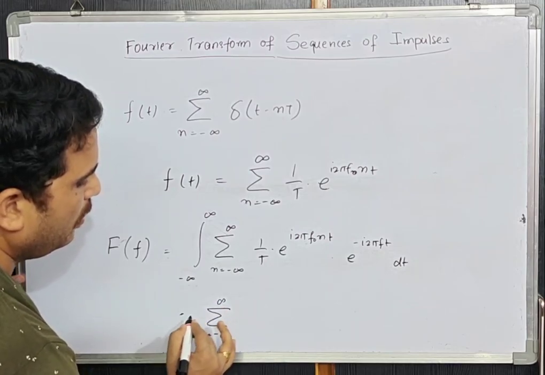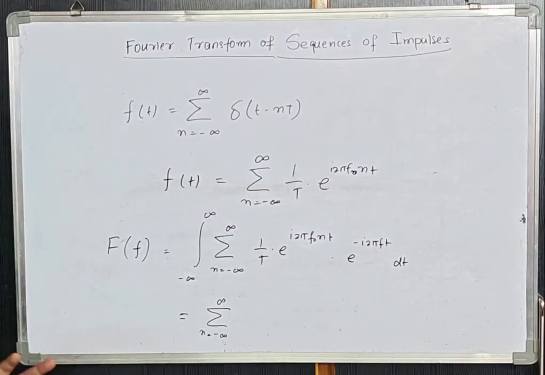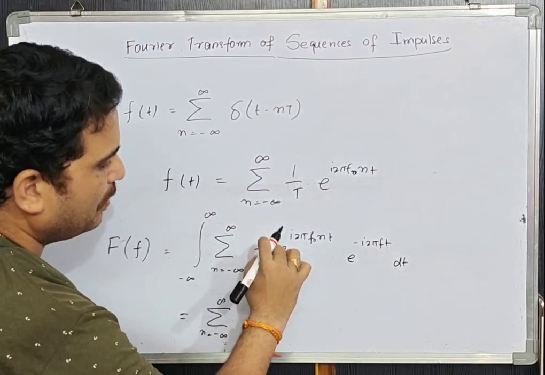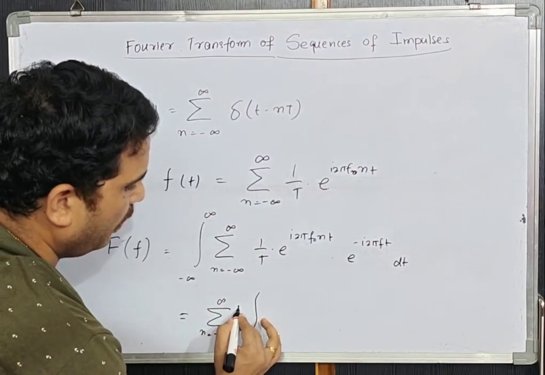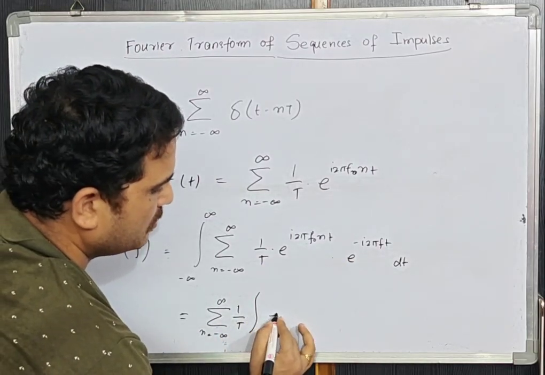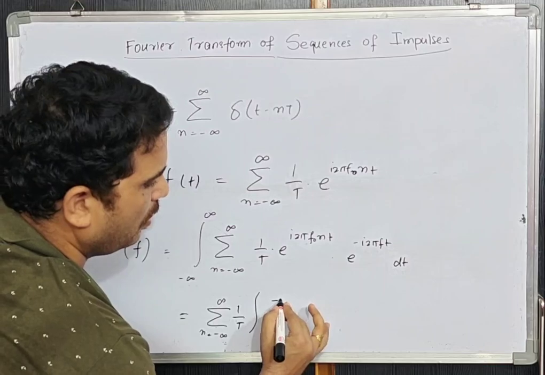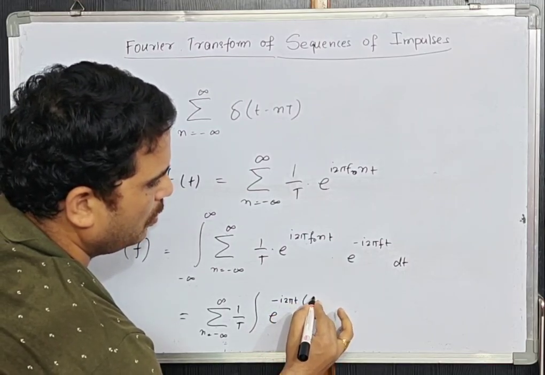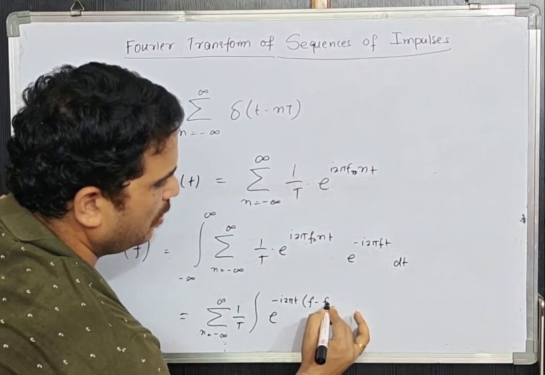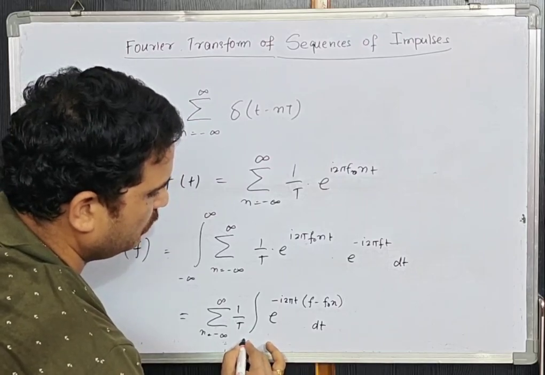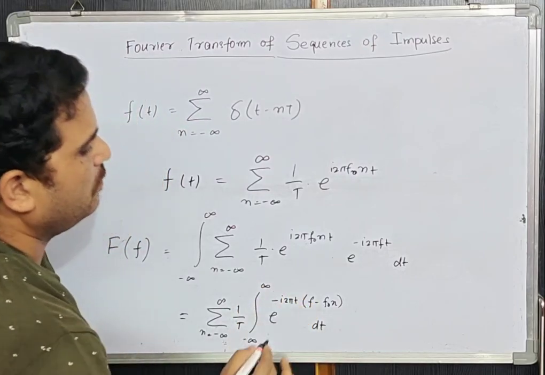I can do the integral and then summate, or summate the integral; the value is the same. Since capital T, the time period, is a constant, I can take that out also. So now this function I will write as e power minus i 2 pi t into f minus f naught n, dt, from minus infinity to plus infinity.